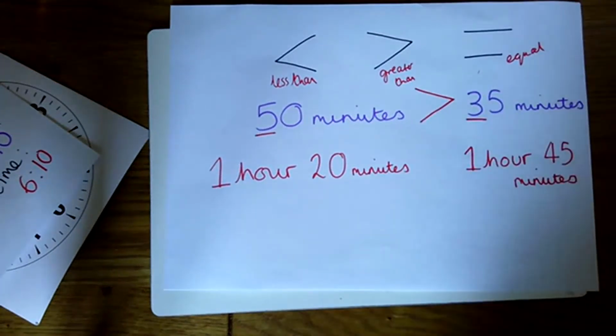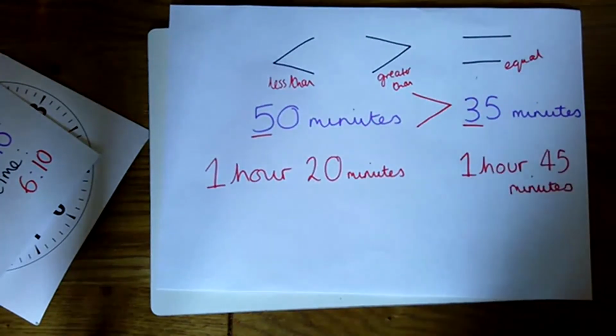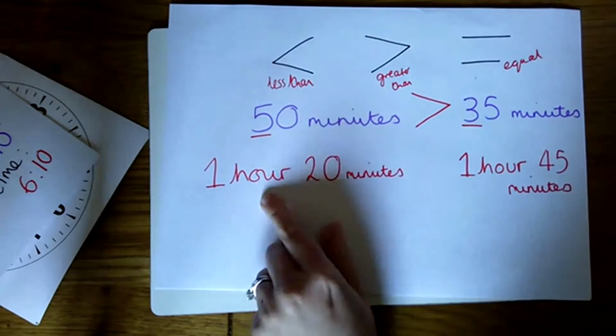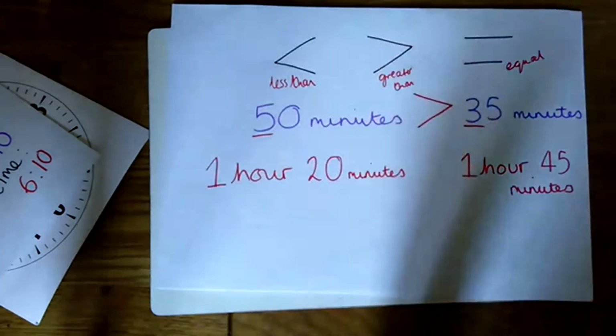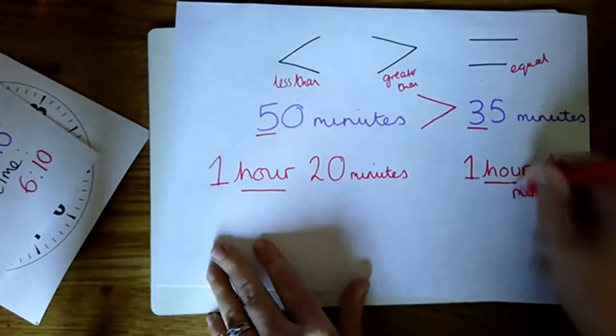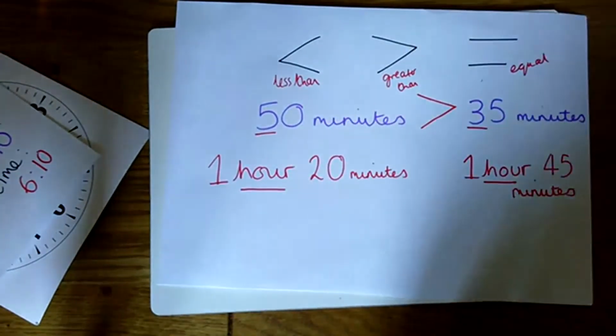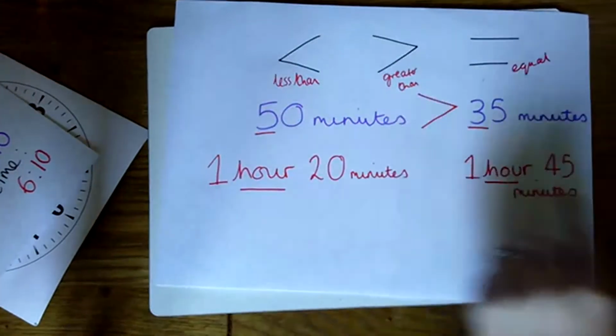Oh, this is where things get interesting. 1 hour 20 minutes, is that greater than or less than 1 hour 45 minutes? Well, we need to have a look. We look at our hours when we're comparing times which have hours and minutes. You look at your hours first. If the hours are different, you can then just do the comparison based on the hours. If they're the same, you're going to have to look at the minutes.